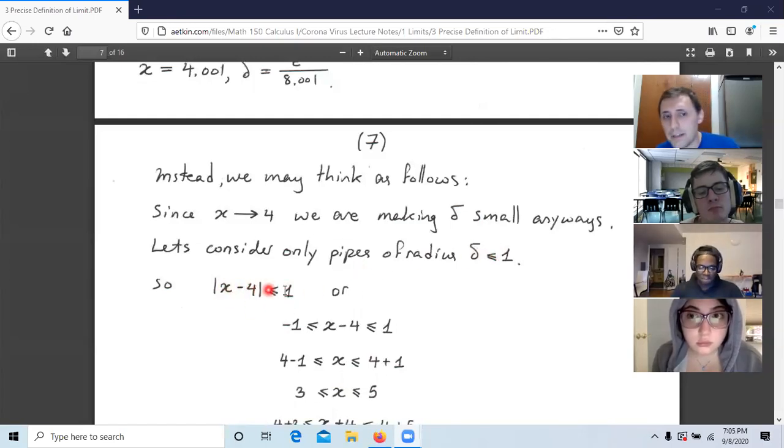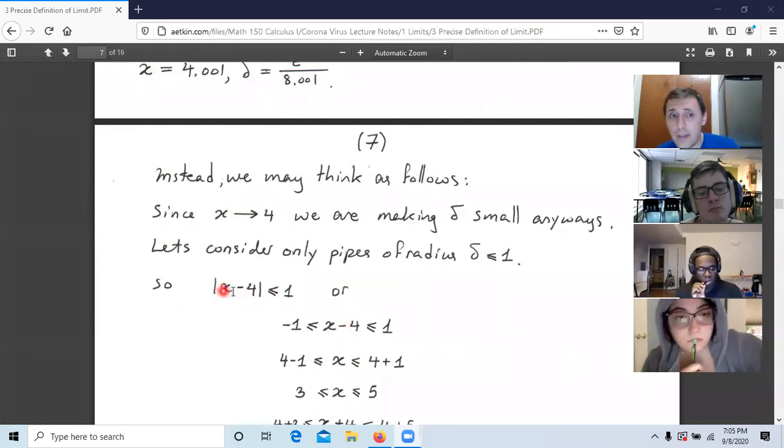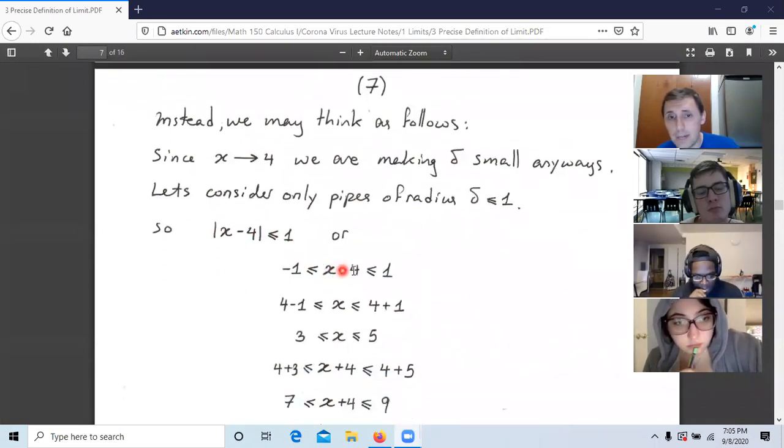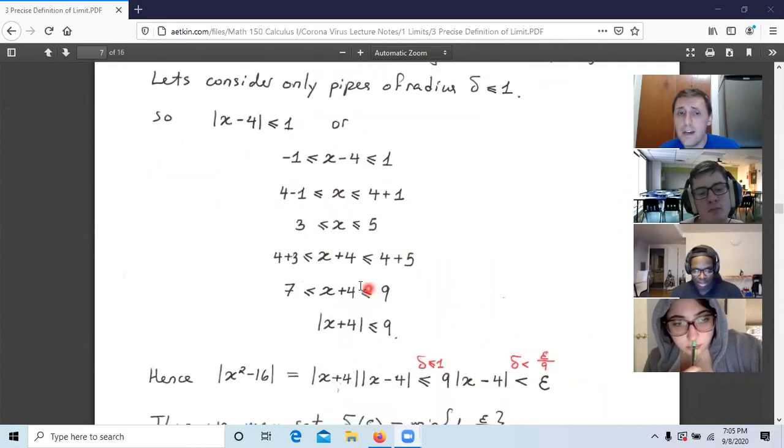What happens if x minus 4 is less than 1? I want to know what's the reaction of x plus 4 to it. If the absolute value of x minus 4 is less than or equal to 1, that means x minus 4 is between minus 1 and 1, which means x, if I just move the 4 to both sides, is between 3 and 5, which means x plus 4 is between 4 plus 3 and 4 plus 5.